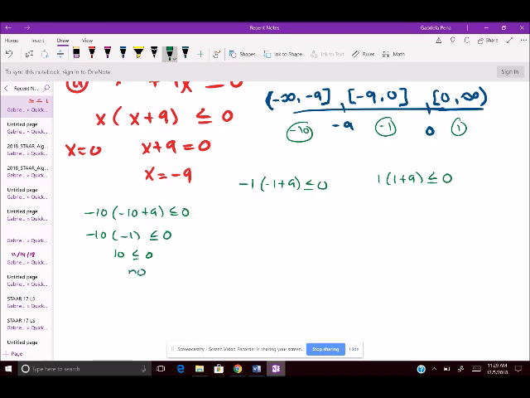No. So this becomes -1 plus 9, which is a positive 8. This becomes -8. Is that a yes or a no? It is a yes. And this is a no. So the only part that works would be the middle part.